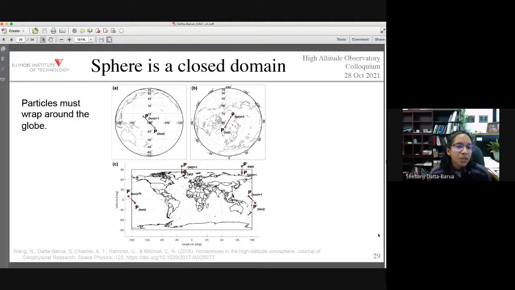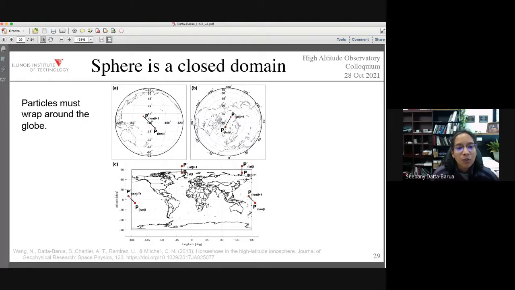The other consideration is that the sphere is a closed domain. So what this means is that as you're tracing your particles across in longitude, if they cross over whatever your specified longitude limit is, let's say a particle at P at time I, you integrate it and it ends up at less than minus 180, well, you need to wrap it back around on the other side of the world because that's what would be happening physically to that particle.